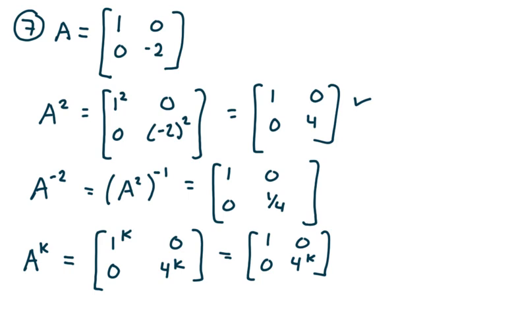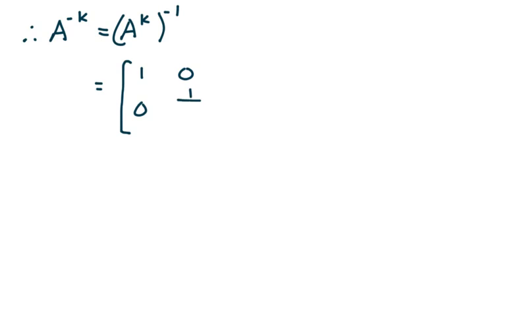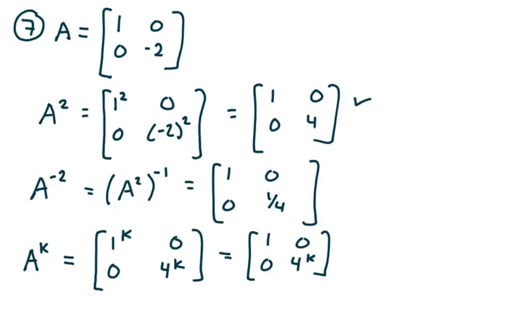And I'm going to do something very similar to get A to the negative k. A to the negative k is A to the k and then taking the inverse of that. So I'm going to get 1, 0, 0, and then 1 over 4 to the k, because I'm just taking the reciprocal of both 1 and 4 to the k.